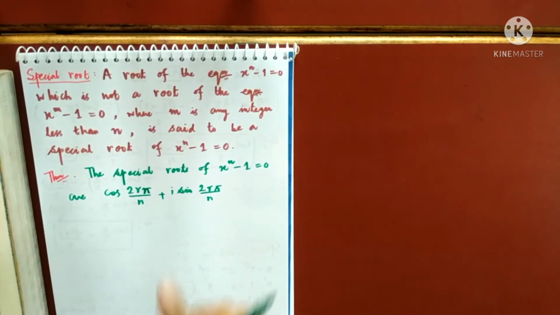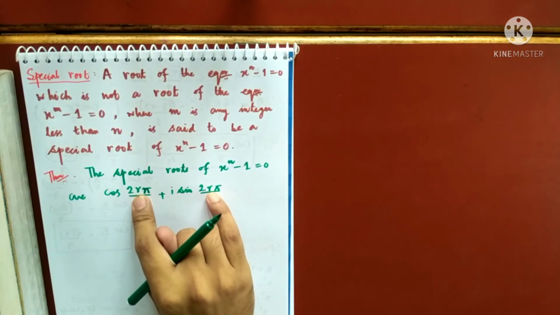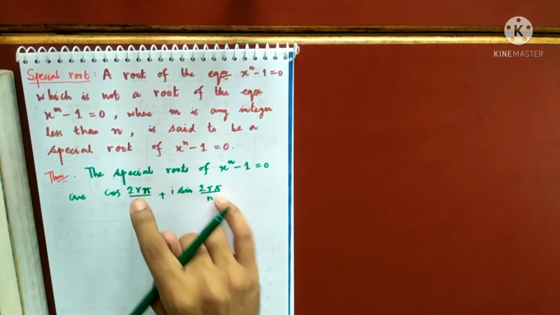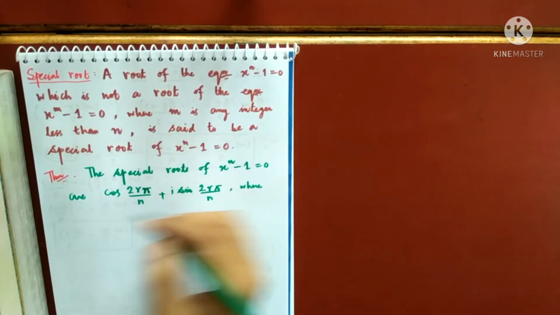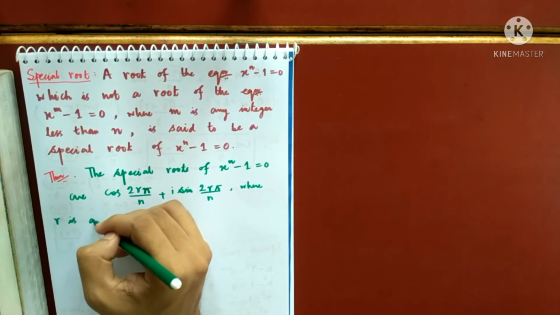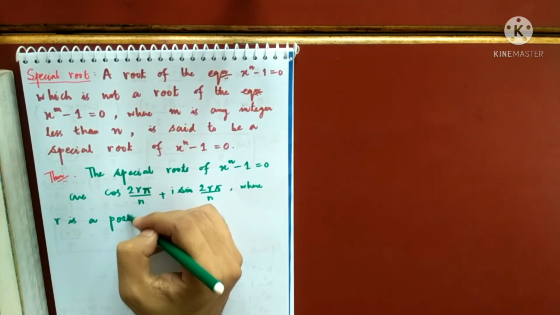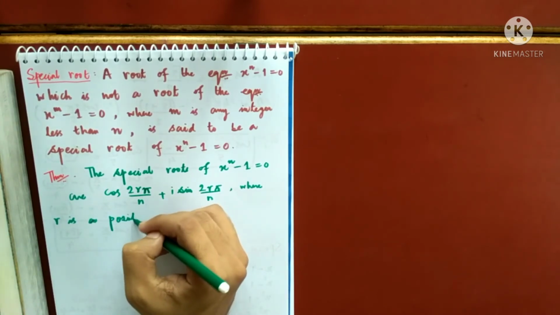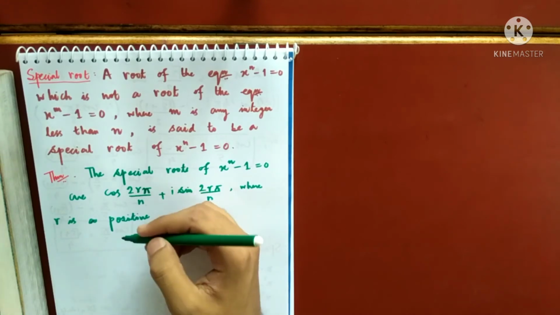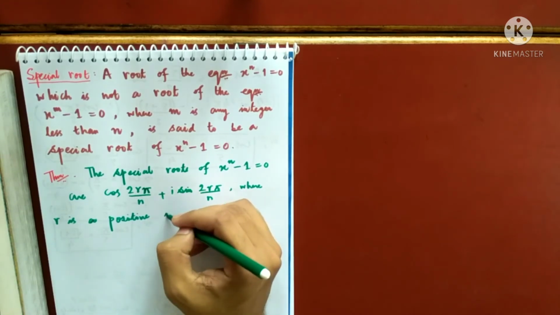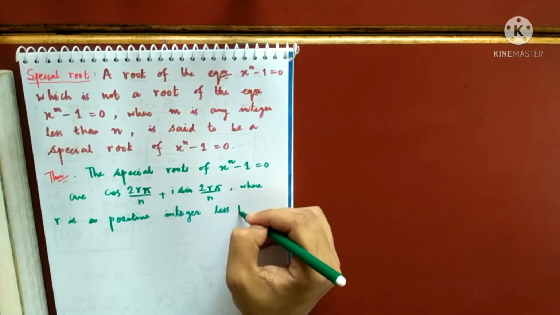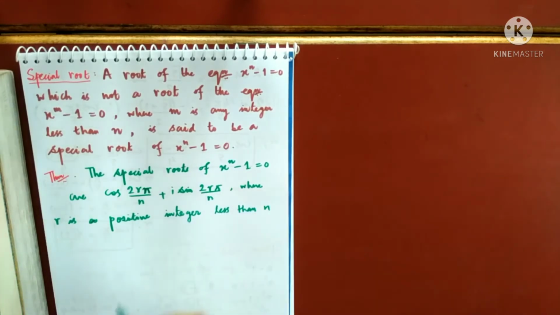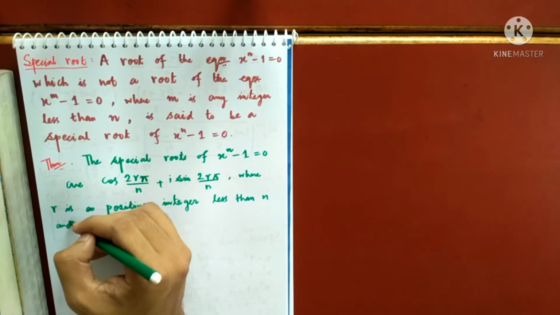But we will choose all those where, instead of k, I'll write r: cos 2r pi by n plus i sine 2r pi by n, where r is a positive integer less than n and prime to n.